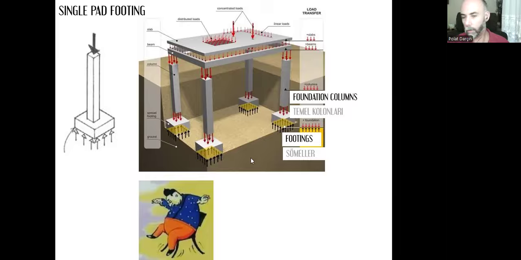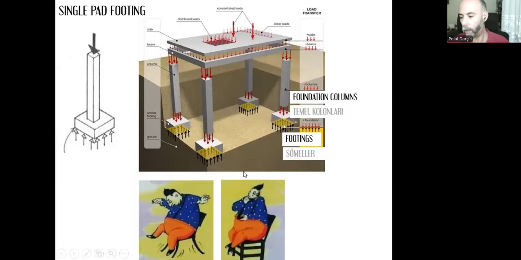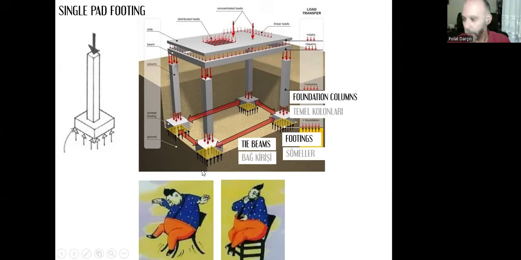In order to avoid that risk, we need to tie all these separate footings and separate columns with beams. And in order to tie the footings, we need tie beams. That's what we call tie beams, bağ kiriş, bağ kirişi in Turkish.